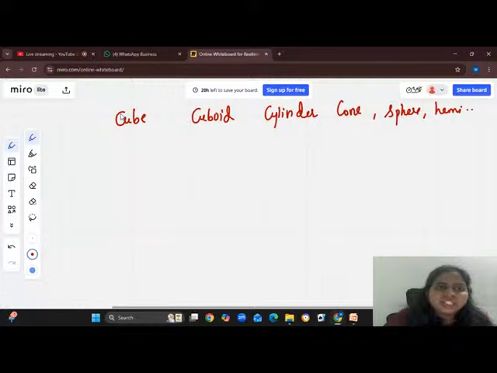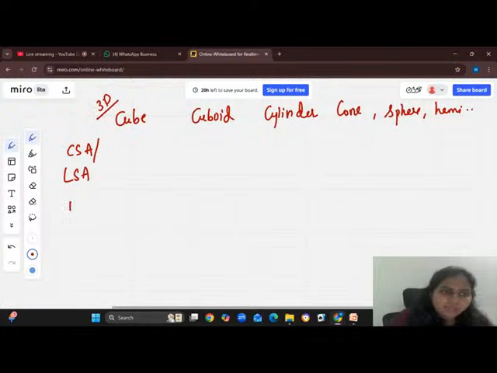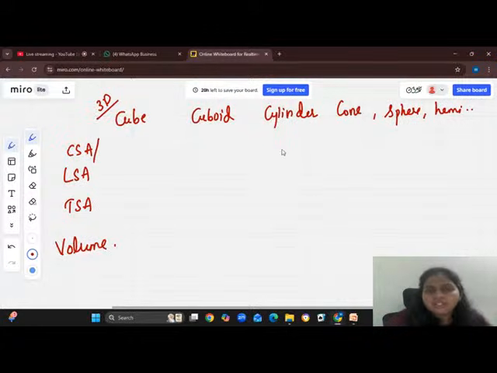These are the 3D shapes we have in surface areas. We also have the curved surface area formula, which we also call the lateral surface area, the total surface area formula, and the volume formula. You have to remember all the formulas written in your textbook, so note down all the formulas and remember them easily.